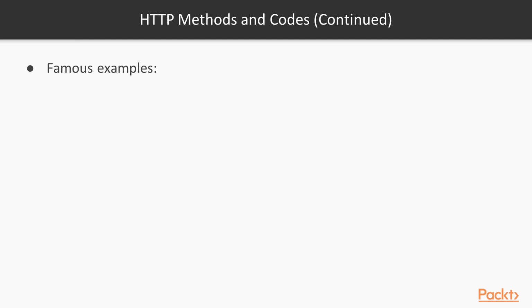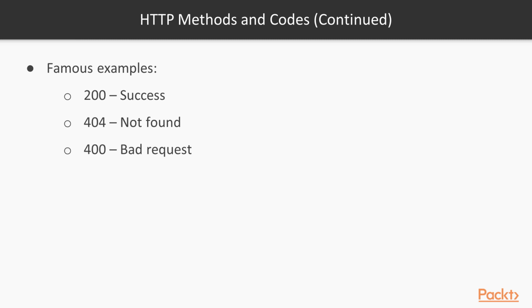Some of the most famous ones that we will use a lot throughout the course are 200, which means success, and 404, which means not found, and maybe you have seen this a lot when you search on some website and you don't find what you are looking for. Or you can get a 400, which means bad request from the client, or a 401, which means unauthorized, so the client is not authorized to make that kind of request, or 500, which means internal server error, which is really bad, and we will try to avoid those as much as possible.